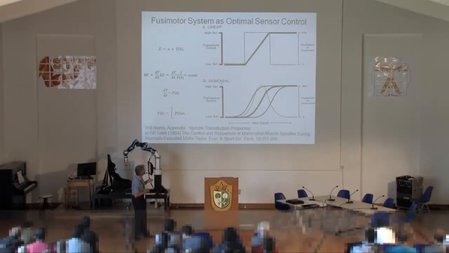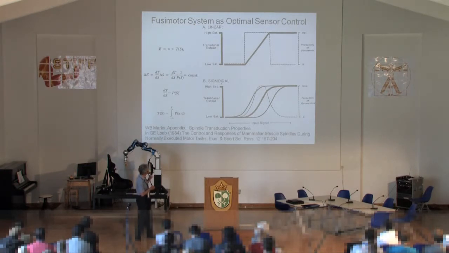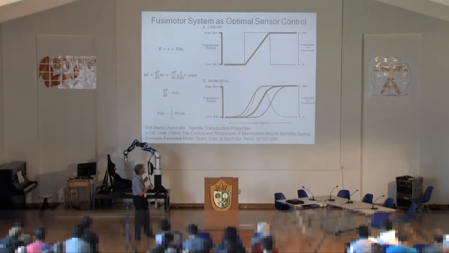So in mechanical systems, when you're designing transducers, we know that the transducer will have some low saturation and some high saturation, which is no longer sensitive. And you just assume that over the entire operating range of input signals that you might want to sense, you would be best to have something that's linear over its available output range, and then just hope that its noise is low enough that you can get whatever resolution you need over that range of operation.